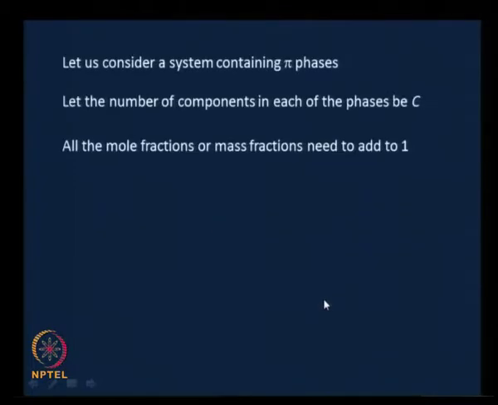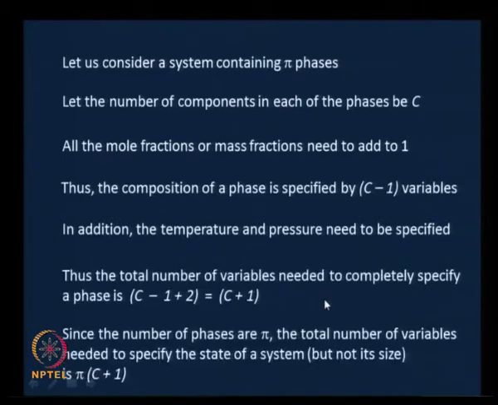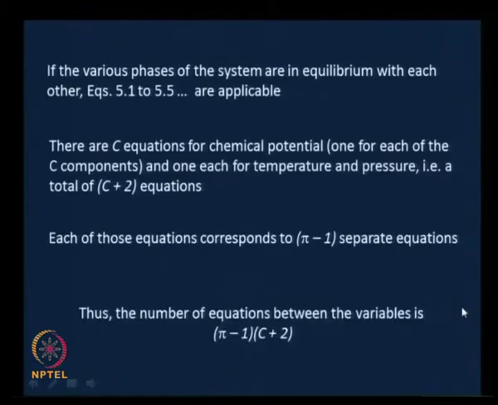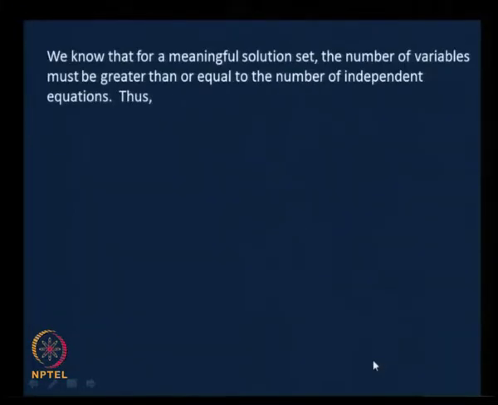The way we went about deriving the phase rule was, if we are considering a system containing pi phases and the number of components is C, then we saw that the number of equations between variables was pi minus 1 into C plus 2, and the number of variables was pi into C plus 1.